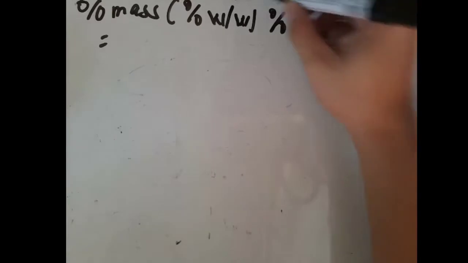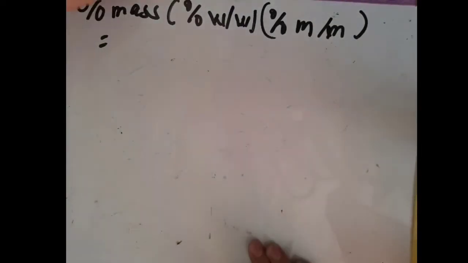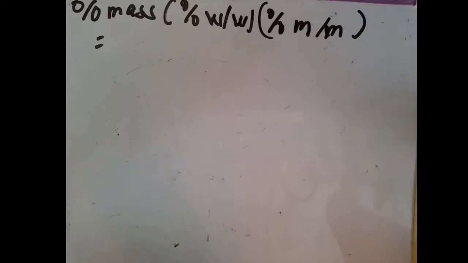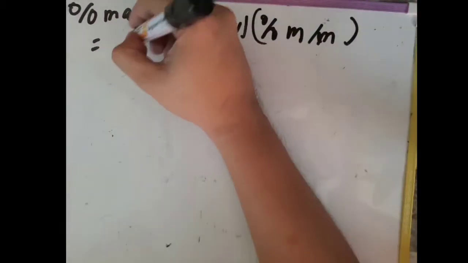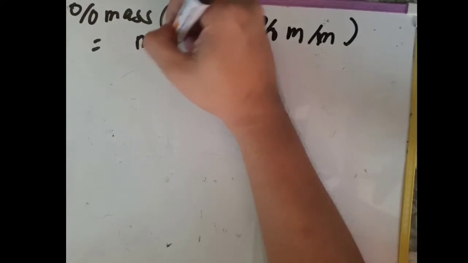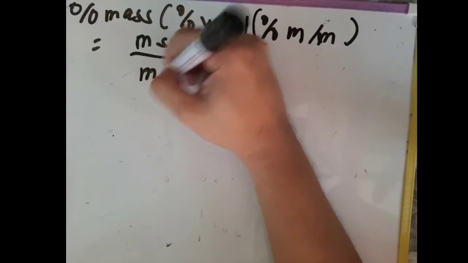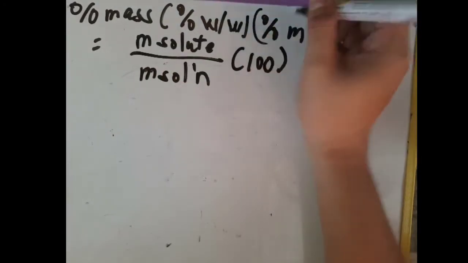Either way, both are correct, although technically, weight is a different quantity from mass according to the language of physics. Anyway, percent mass is just the mass of solute divided by the mass of solution multiplied by 100.